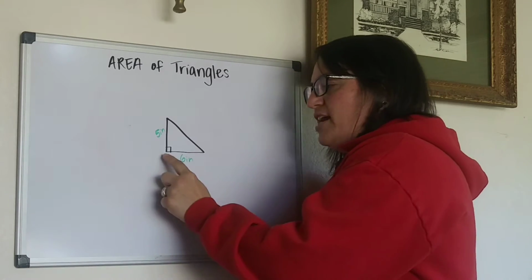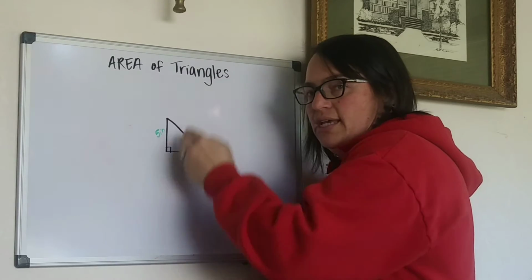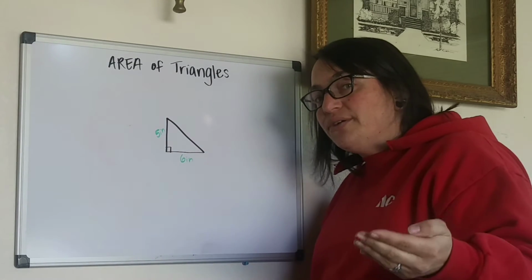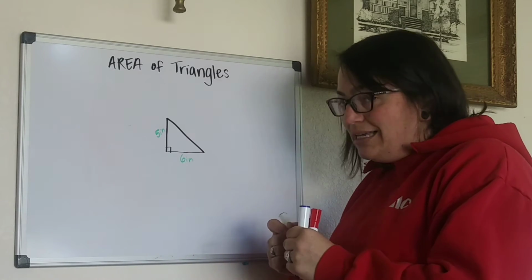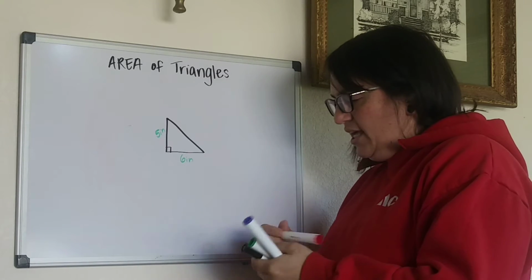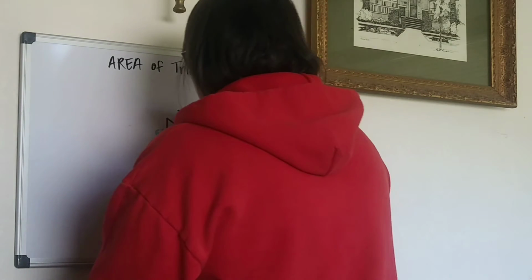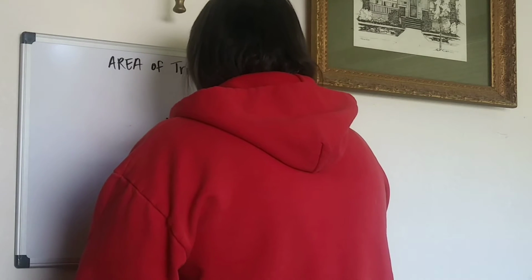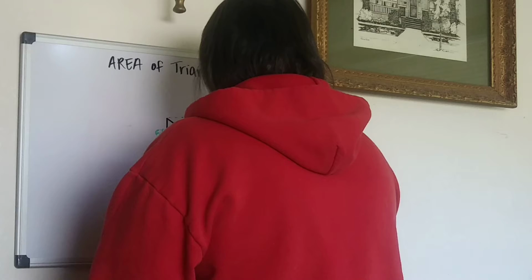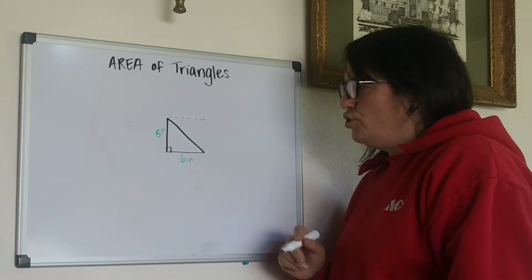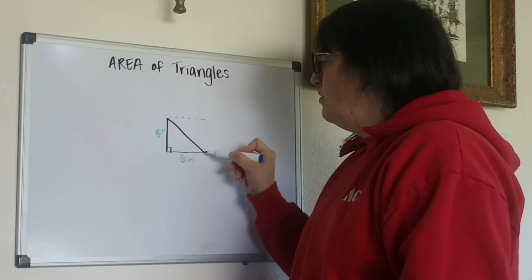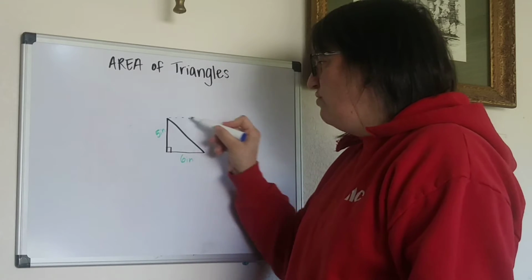Well, remember, if I do base times how tall it is, I'm actually solving for a parallelogram. But that is good information for us, because what would happen if I actually sort of shadow drew that parallelogram that I would be solving for?